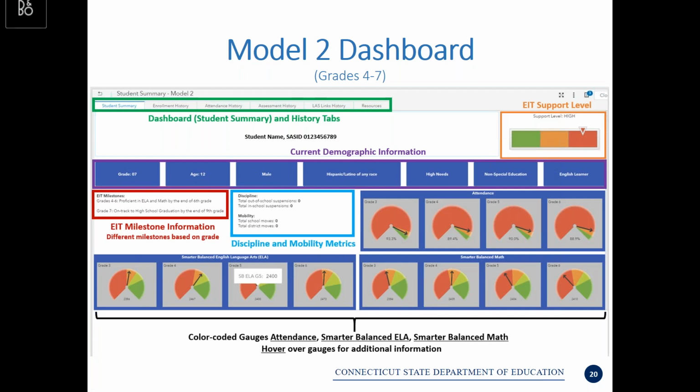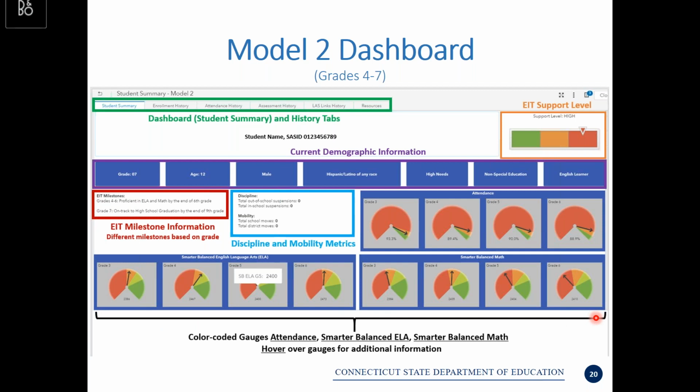Here's the Model 2 dashboard for students currently in grades 4 to 7. Again, the purple box shows current demographics. The red box has EIT milestones for 2 models here, grades 4 to 6 and grade 7. Again, think mile markers from Dave's slides. The gauges provide attendance and Smarter Balanced assessment scale score data by grade.